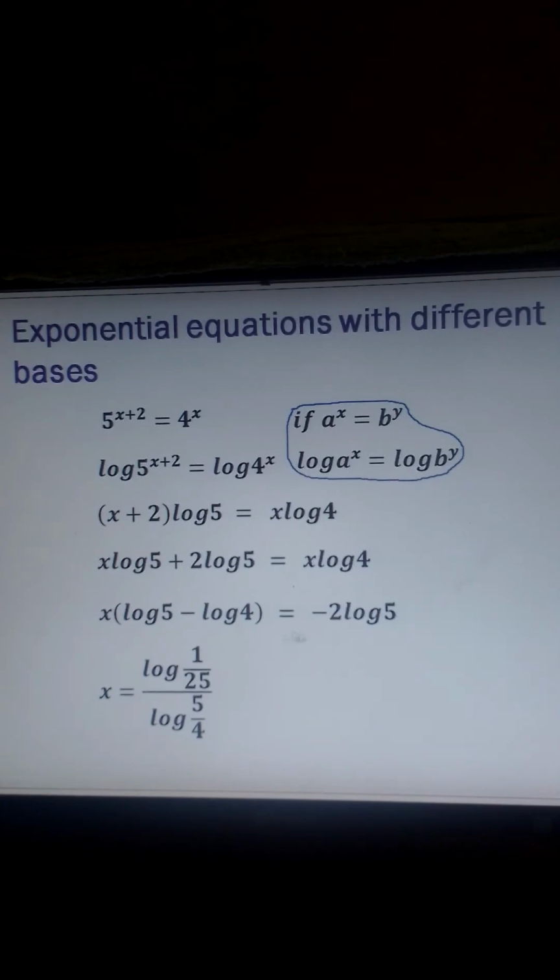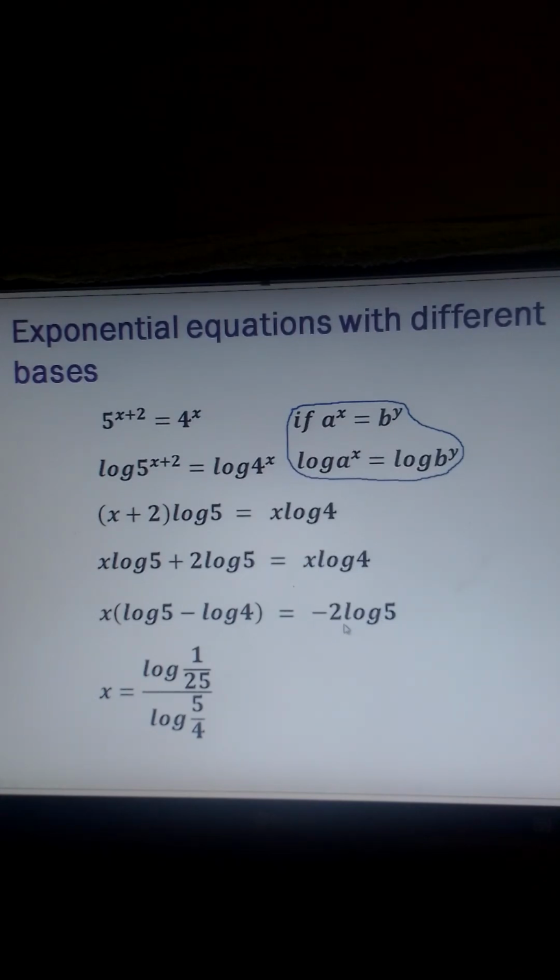Alright, now here we make x the subject of this equation. So x is equal to, we divide both sides by log 5 minus log 4. So x is equal to minus 2 log 5 divided by log 5 minus log 4.